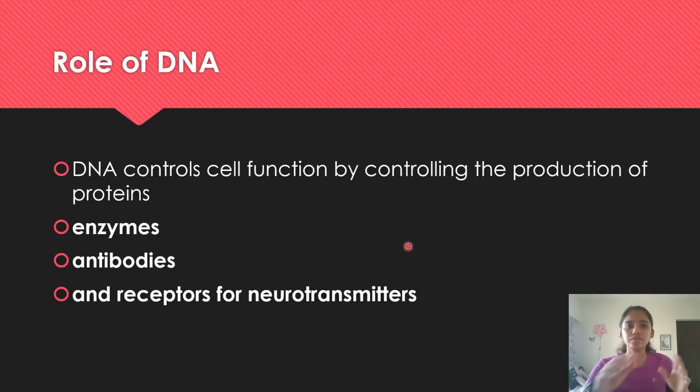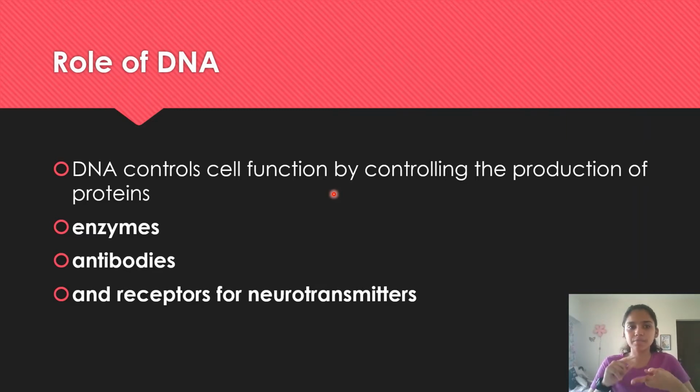Now the role of DNA. I hope you know the full form of DNA. DNA is deoxyribonucleic acid. It controls cell function, and it controls the production of proteins. Three types of proteins are: one, enzymes, two, antibodies, and three, receptors for neurotransmitters. We've not done receptors, that is coming in chapter 14.